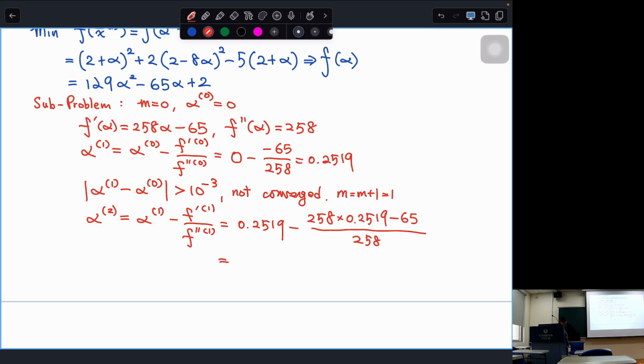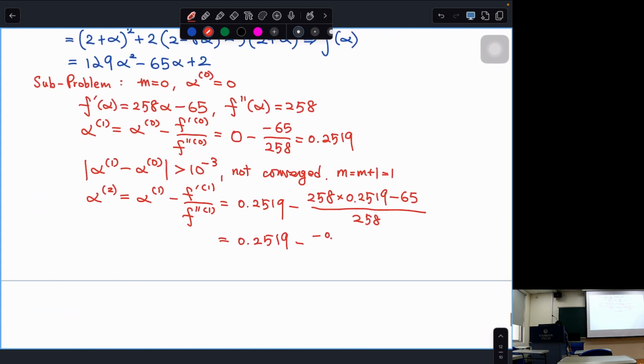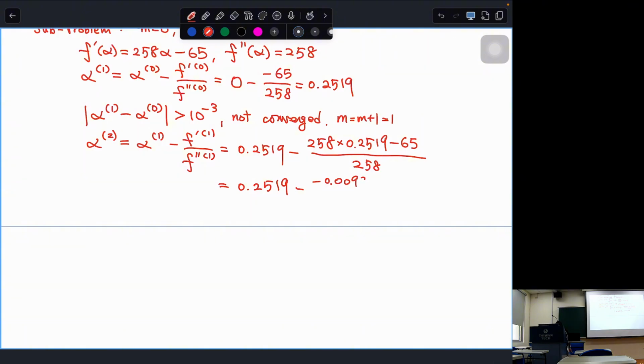Okay, and the solution is the value on top is very small, 0.0098 over 258. Okay, so it's very close to the same solution.